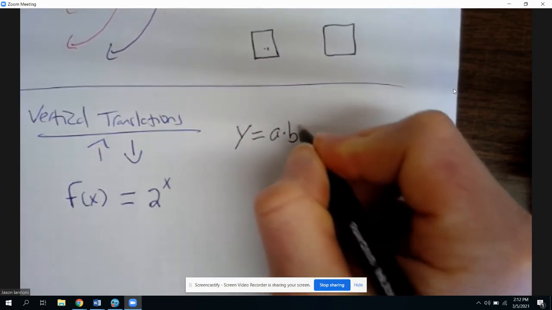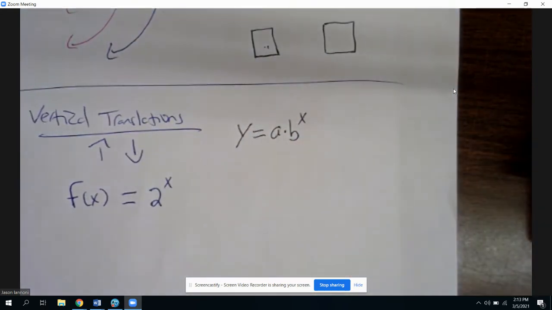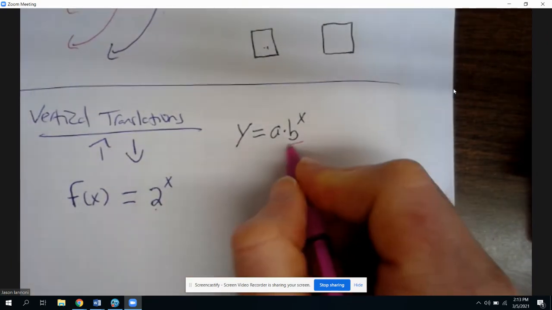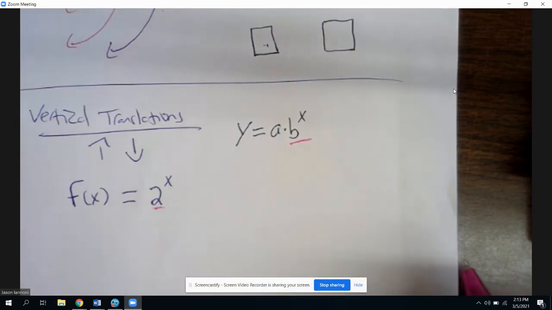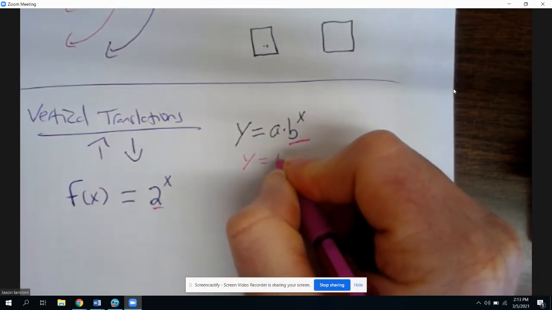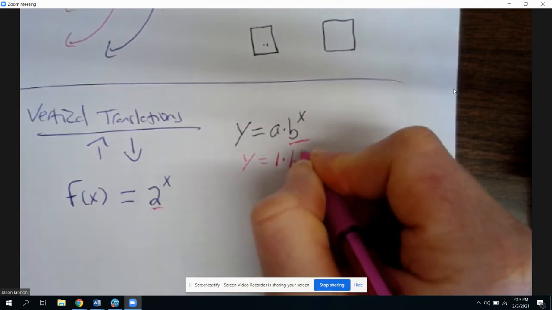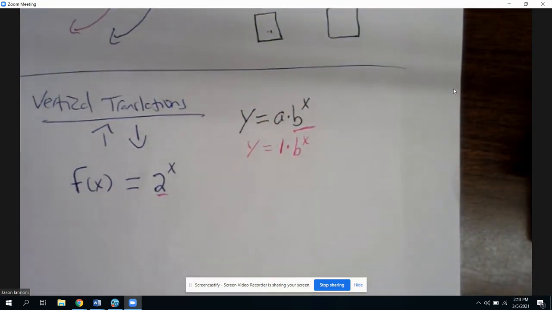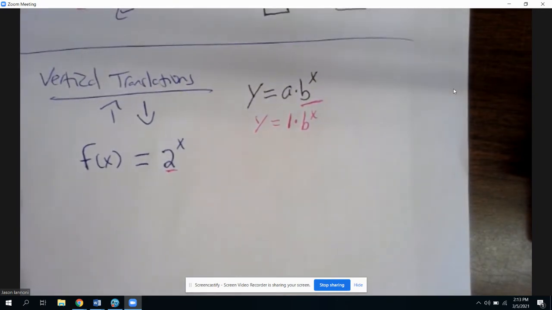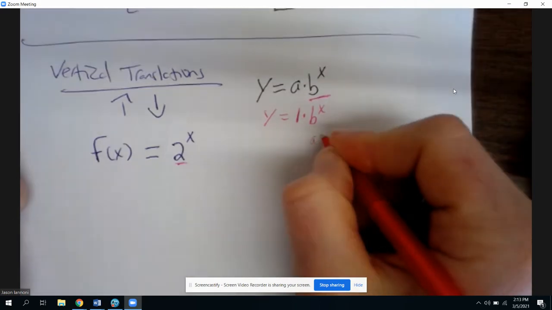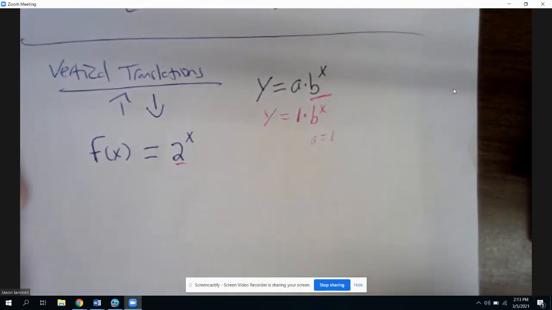We do know that it's a times b to the x, and you can see that we only have b to the x here. Whenever that happens, that means that a is equal to 1, because 1 times anything is itself, so they just don't write the 1 times. So in case you're wondering where that number in front is, it just means that your a equals 1.